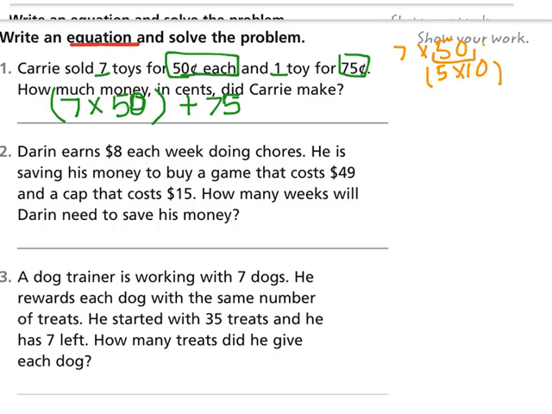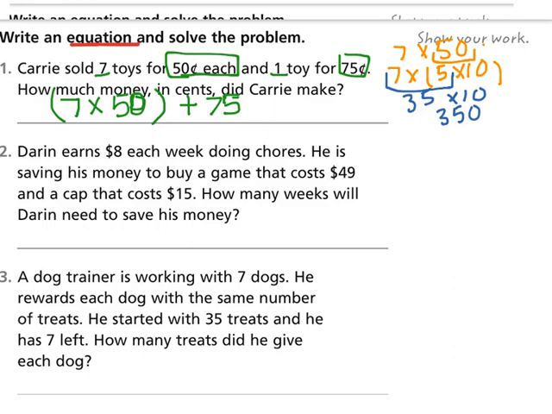And then you can bring down this 7 times that. And because all of these are multiplication, the order that you do them in doesn't really matter. So then you can do your 7 times 5, which is 35, and then you can multiply that by 10, and then you get 350.